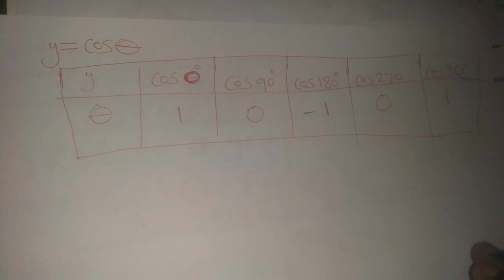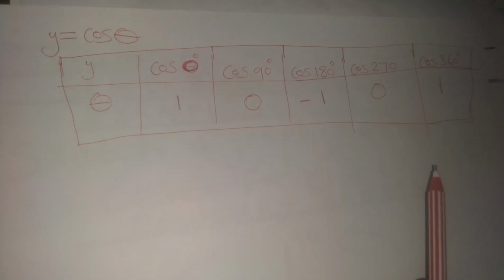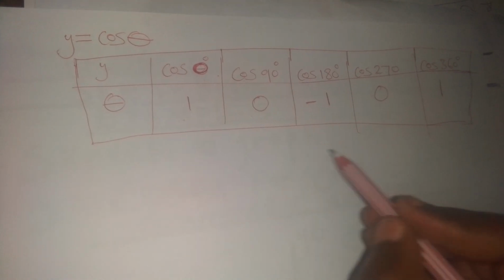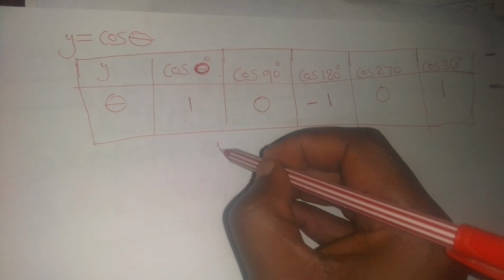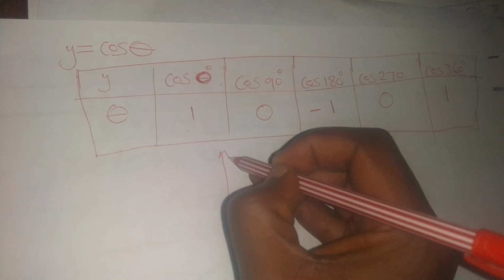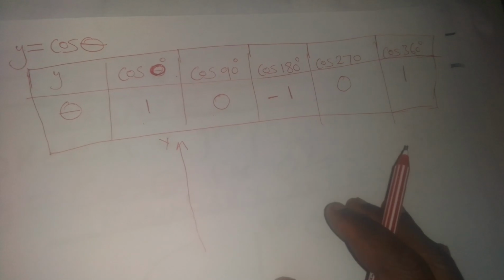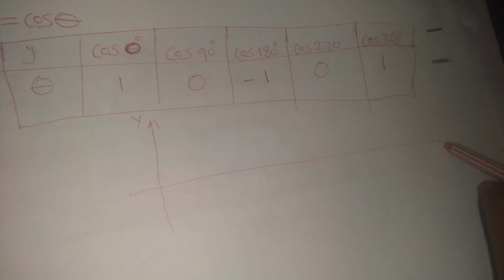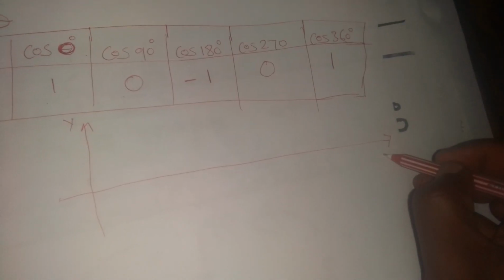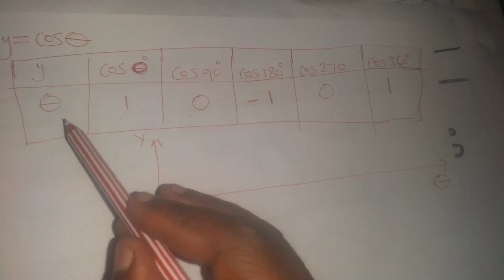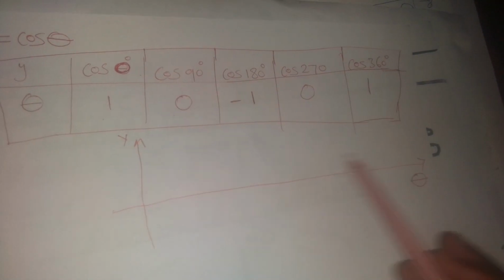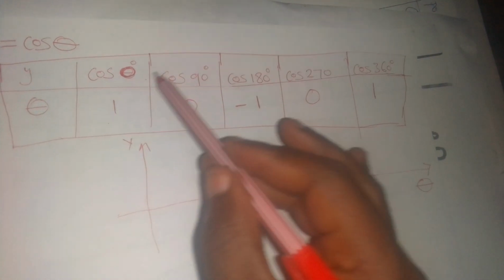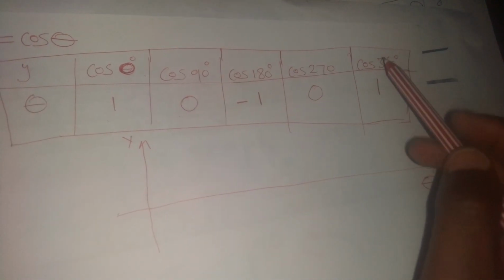Now, how do we sketch the graph? We don't have units here, so you come up with a horizontal line. You name the vertical axis your y, and going this side, your theta. Now, remember the boundary angles start from 0, 90, 180, 270 up to 360.